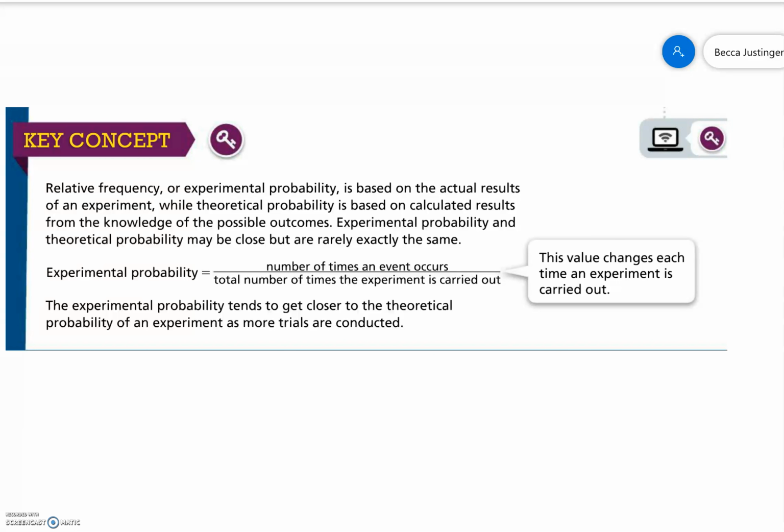The experimental probability is the number of times an event occurs divided by the total number of times the experiment is carried out. This value changes each time an experiment is carried out. The experimental probability tends to get closer to the theoretical probability of an experiment as more trials are conducted.